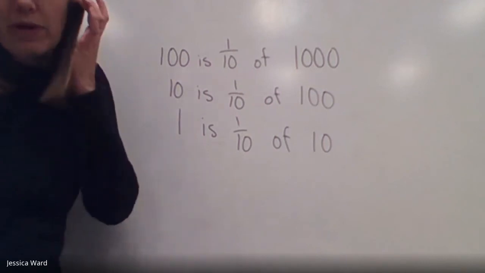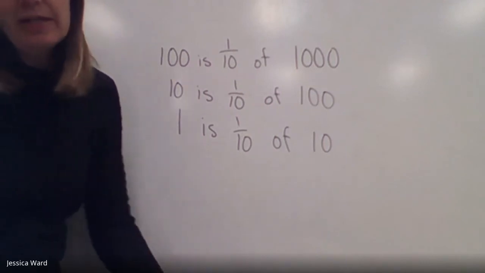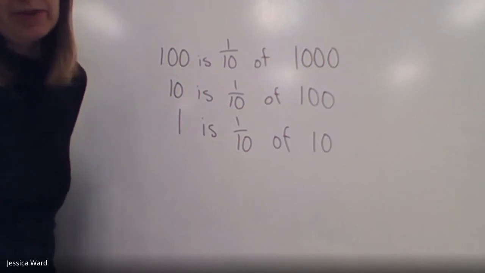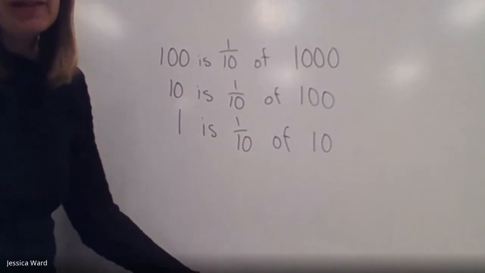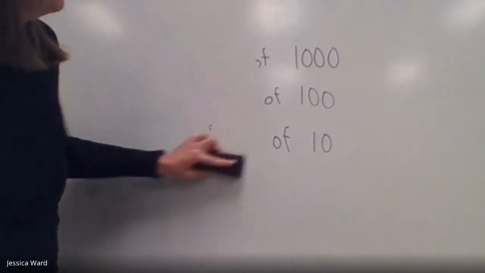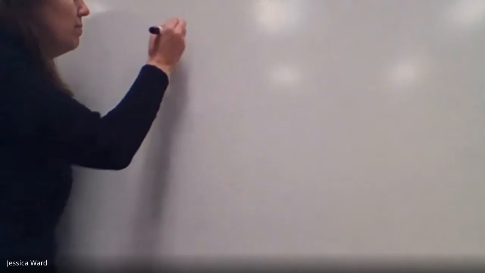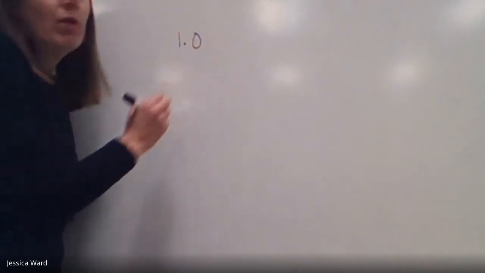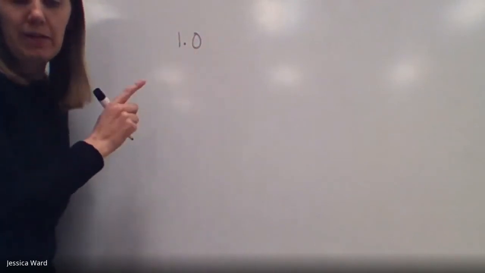Now for number 4, it says write the missing number in each sentence below the decimal grid models to show how hundredths, tenths, and ones are related. All right, so same principle, just a different place value. So we have 1.0 or 1 as our first value.